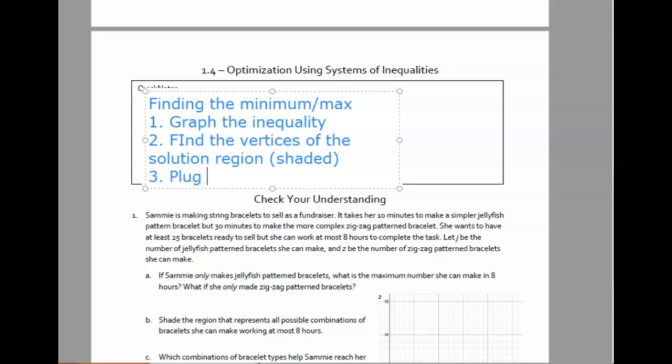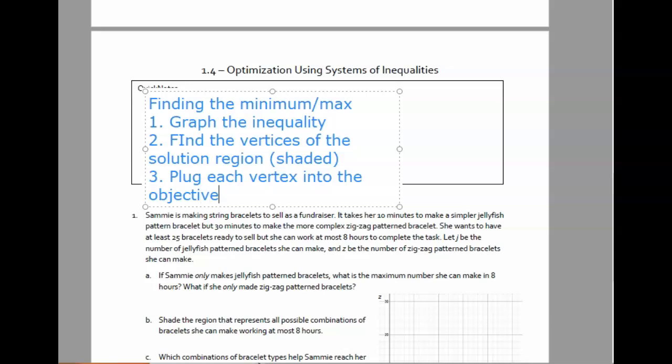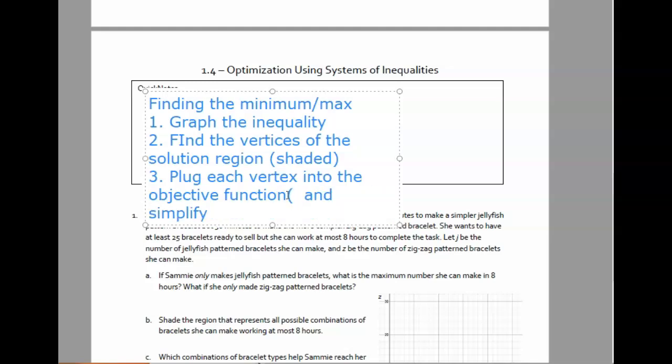Number 3, plug each vertex into the objective function and simplify. Objective function means like the revenue or the profit, whatever it is that you're trying to find.